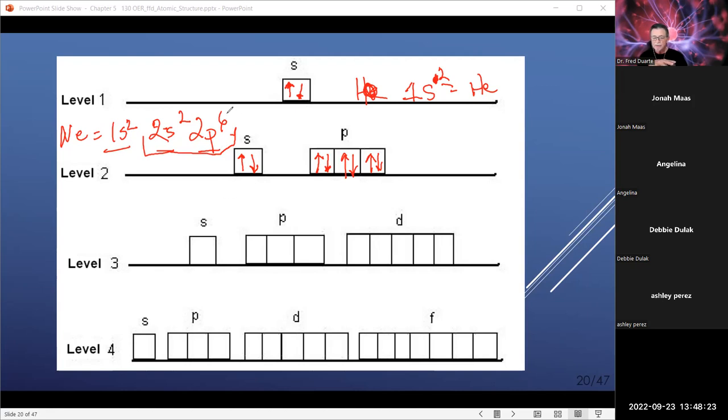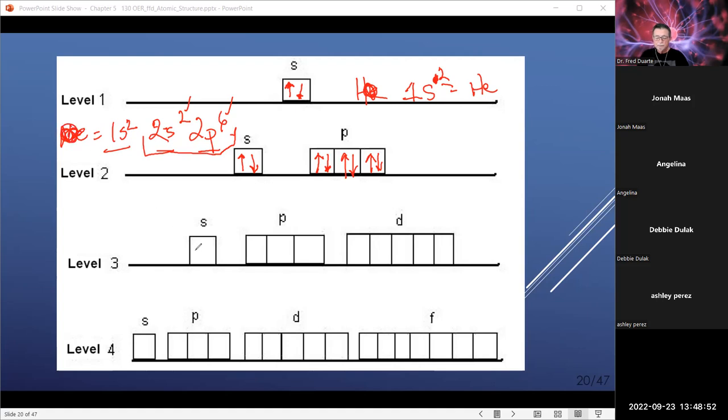6 of them are in the p orbit, and the other 2 are in the s orbit. That coefficient up front can change depending on what energy level they're in, okay? But all of them have 8 of them. Okay. Now, once we obtain that, if you go from neon and you go around to the next element, you have sodium, right?